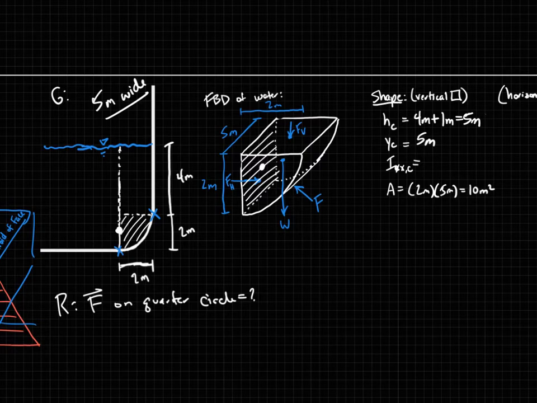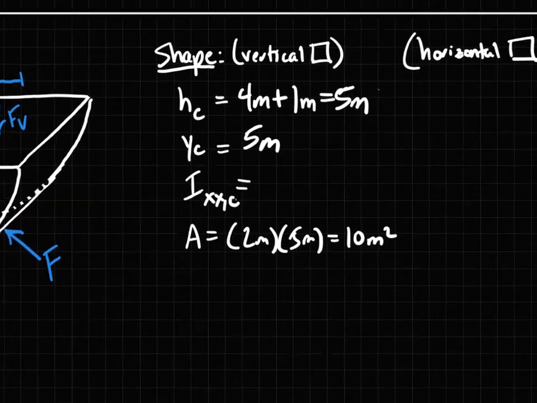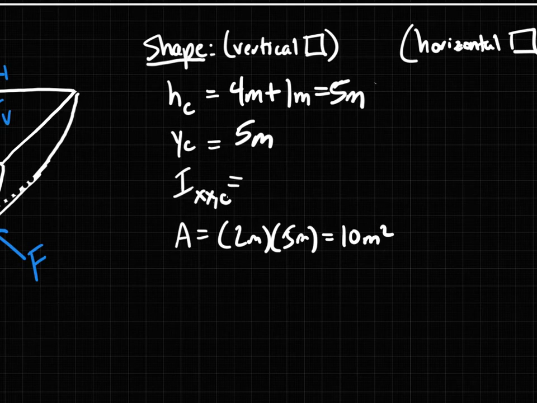All right, and then the IXXC. Off of that same table, for a rectangle, it's 1/12 base times height cubed. I think your book uses a b cubed.